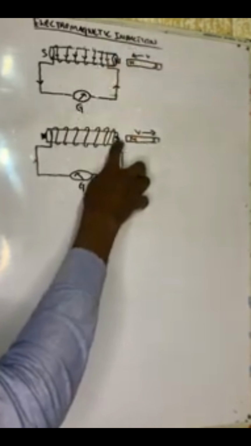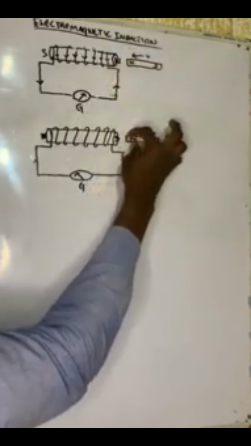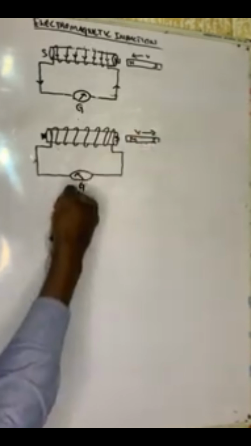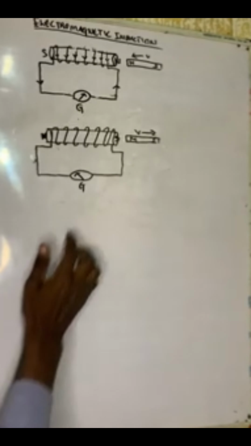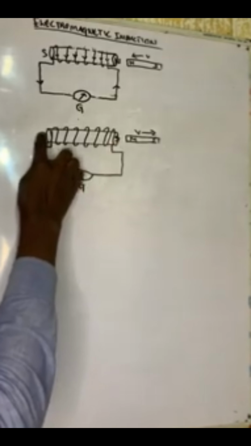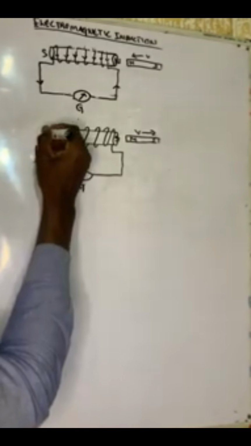So the magnetic field being dragged away will have to be attracted back in order to nullify the effect of the magnetic flux by the bar magnet. For this reason, this part of the solenoid assumes a south pole and this side assumes a north pole.